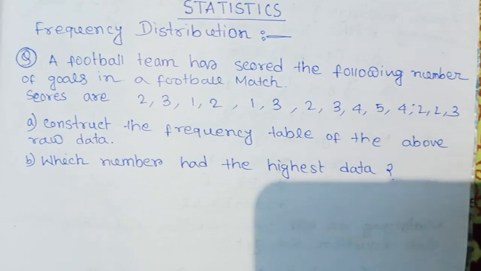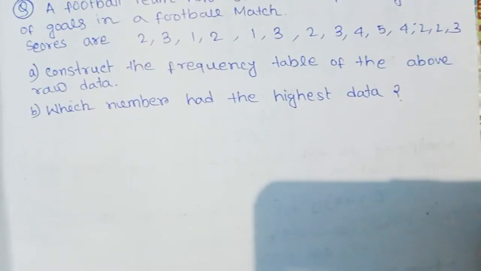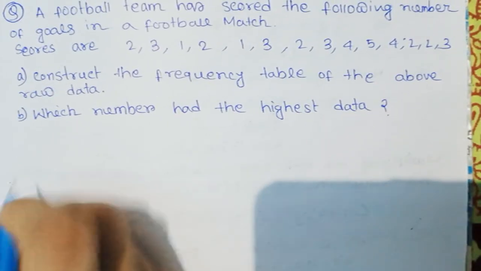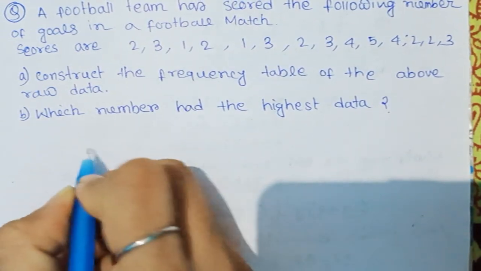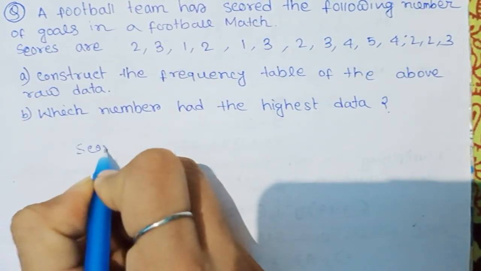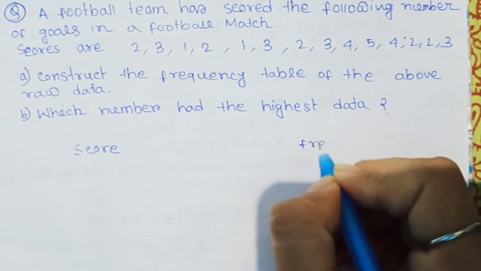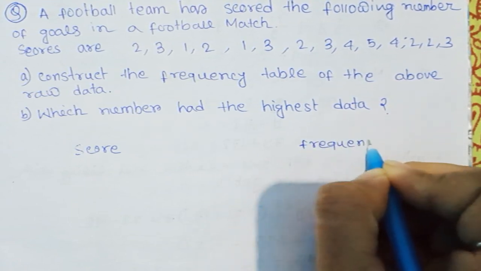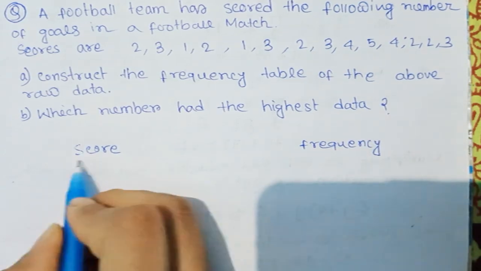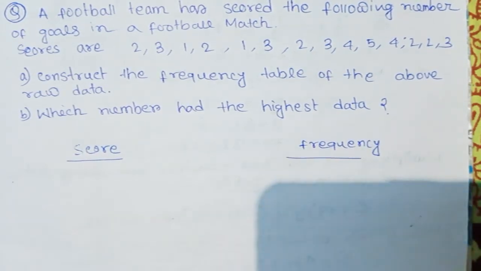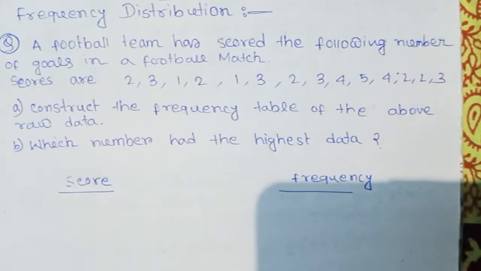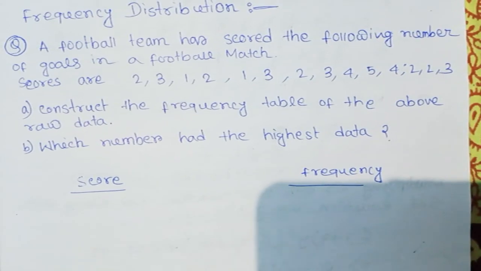Okay, so to construct the frequency table, first of all on one side we put score and on the other side frequency. Which score has what frequency. So this is the table. Now how to write the scores?